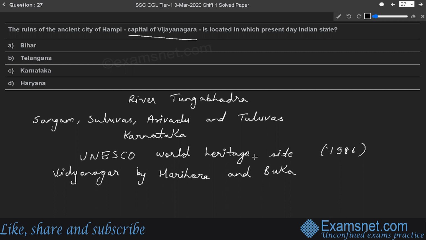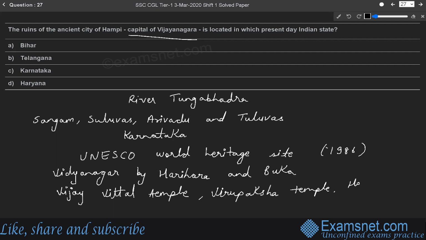And the main temples here are Vijaya Temple, Virupaksha Temple, and Hemakuta Hill Temple.